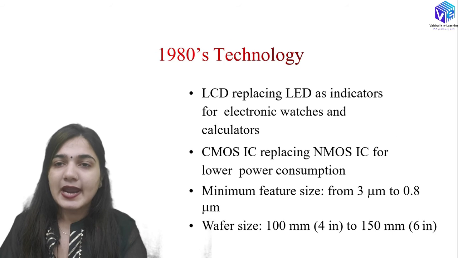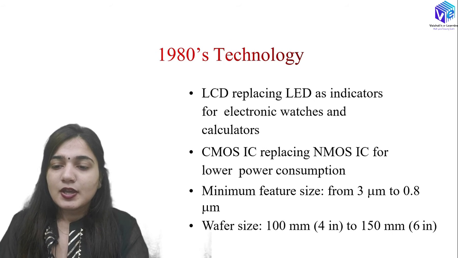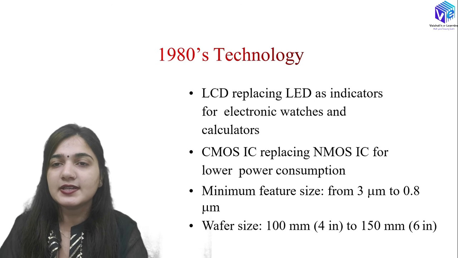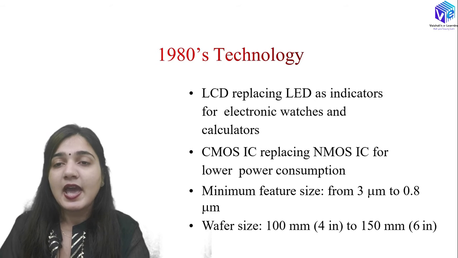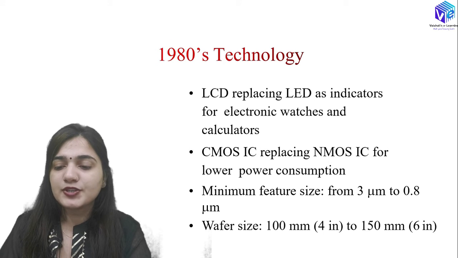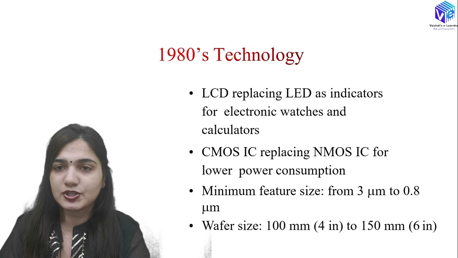Now coming to the 1980s technology. Here in the 1980s, LCDs were replacing LEDs as indicators for the electronic watches and the calculators, right? This was a very big change in the 1980s. Now in the IC also, the CMOS IC was replacing the NMOS IC for the lower power consumption, right?